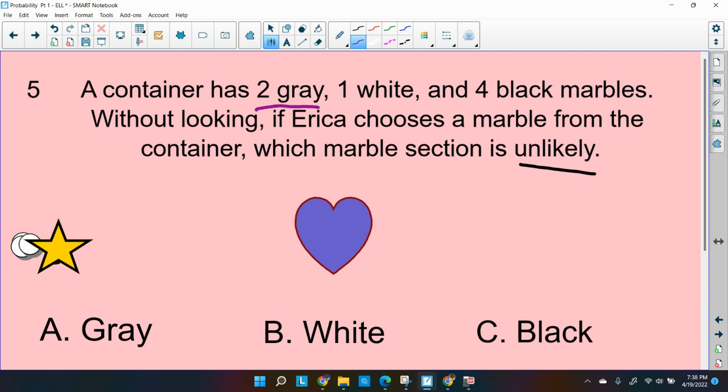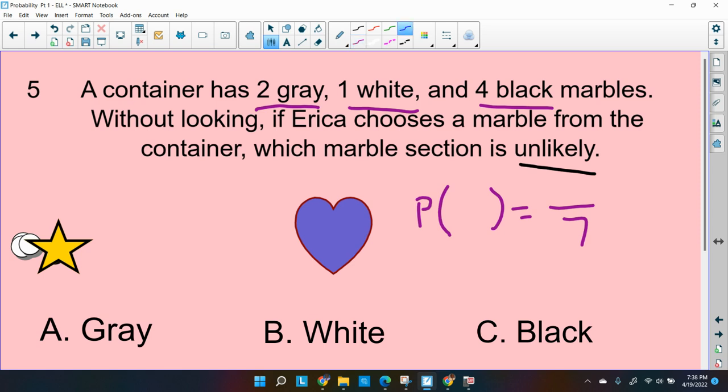We got 2 gray, 1 white, 4 black. That's a total of 7 marbles. So 7, that's going to be my denominator. So I got a probability out of 7. Now, which one is unlikely? Well, I'll look at the different ones. There are 2 gray, 1 white, and 4 black.